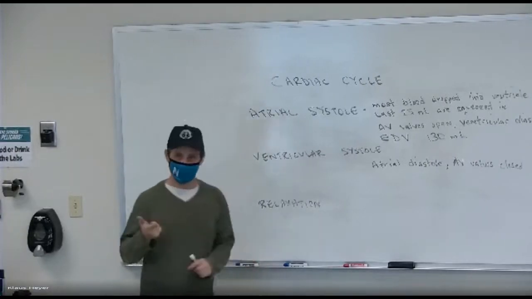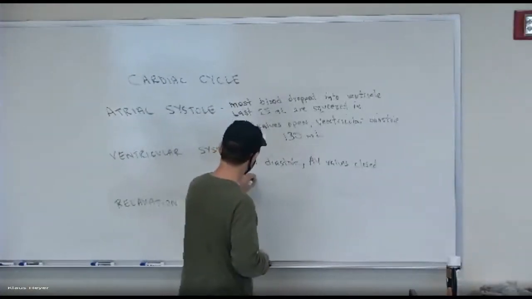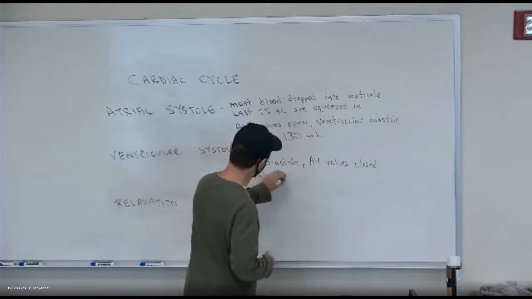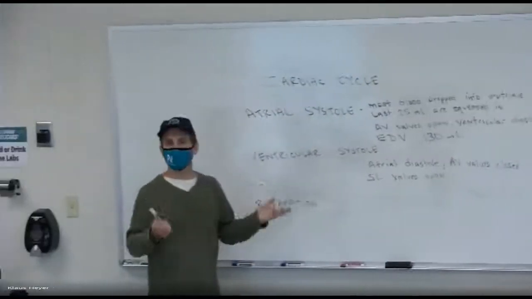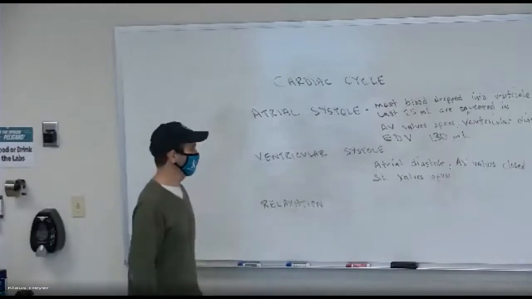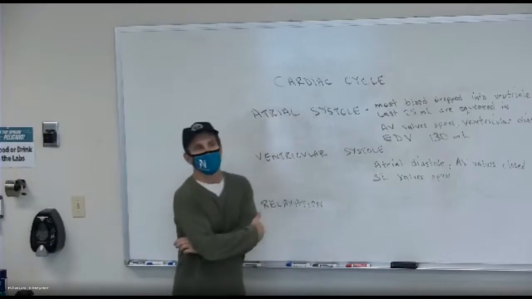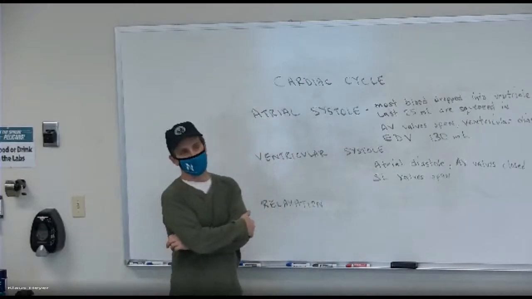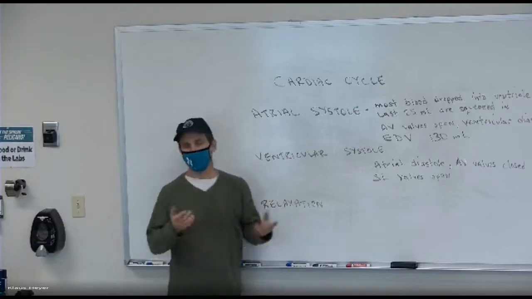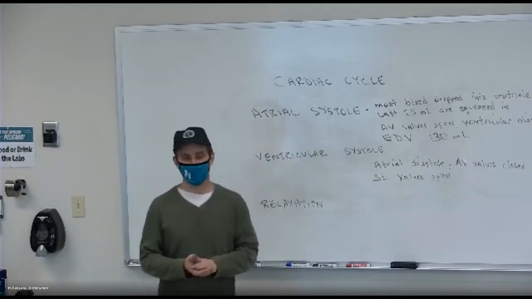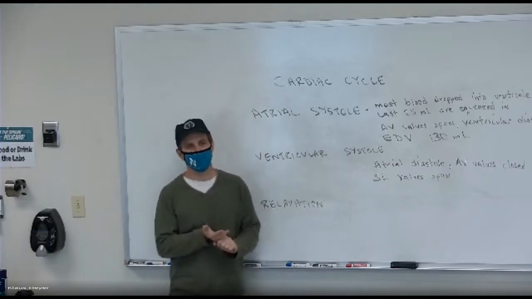The semilunar valves are going to open. Blood's going to rush out. You're going to read, I don't know if I talked about it in the other video I made, I don't care if you leave this out, but there's something called isovolumetric contraction and isovolumetric relaxation.